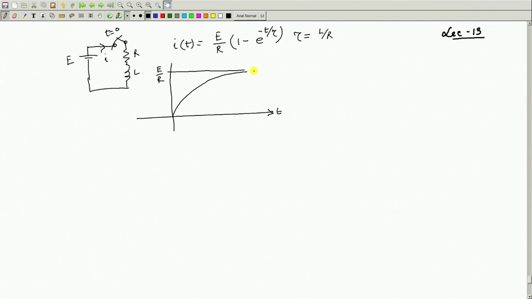Now, similarly, suppose the same circuit, I will draw here. Understand the problem first, so that it will be easier for me to talk.